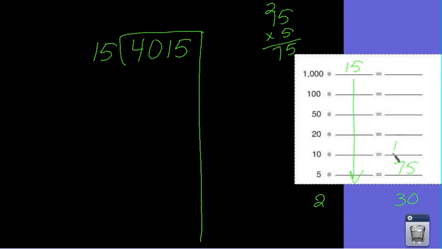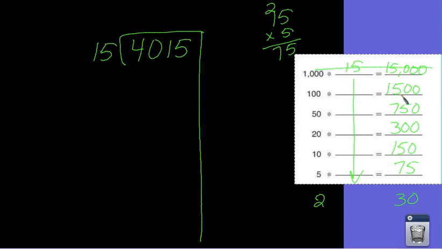10 times 15 is 150. 20 times 15 is going to be 300. 50 times 15 is going to be 750. 100 times 15, 1,500. 1,000 times 15, 15,000. That one's too big.